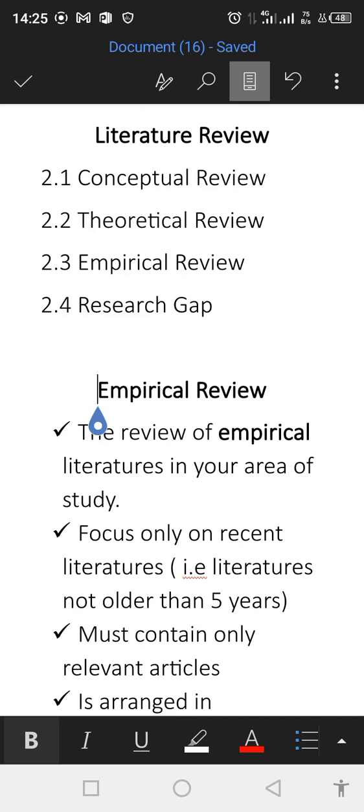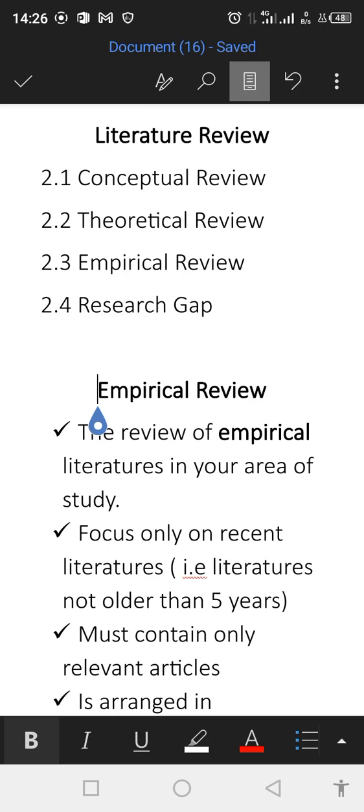And that is the reason why, like I said in the previous video, in every research writing or article writing, I will advise that you should always start from your chapter 2, which is your literature review. Why? Because starting from there enables you to understand the depth, the length of what you want to write on.